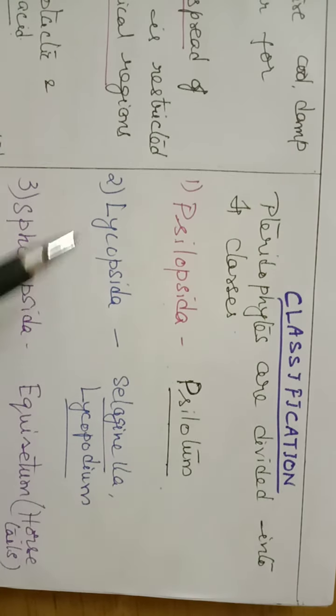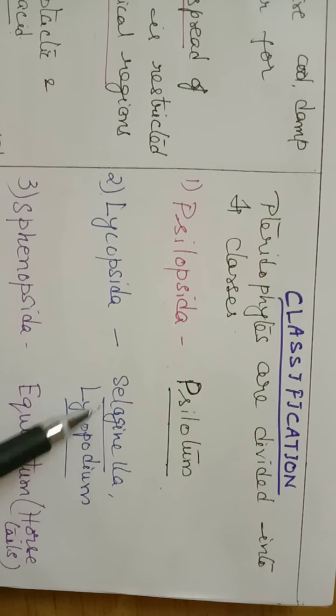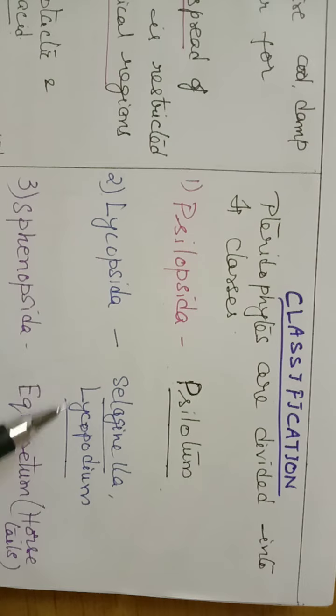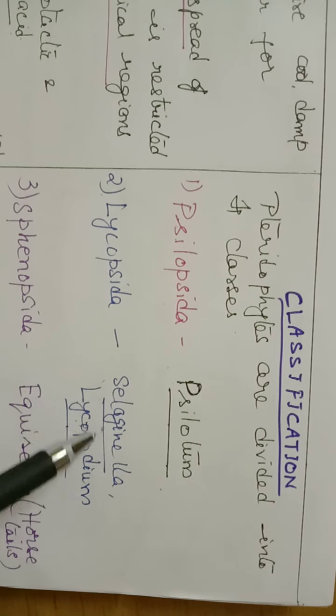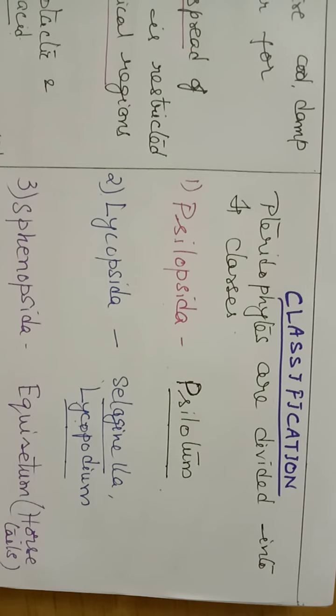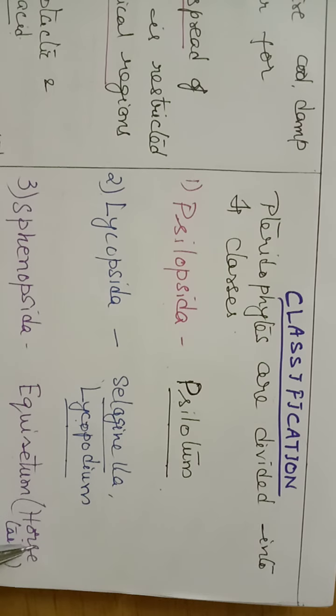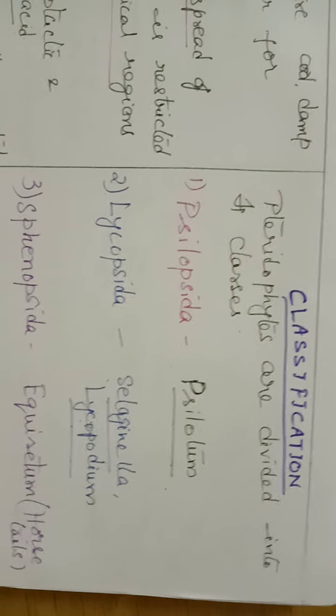Psilopsida, Psilotum. Lycopsida: Selaginella and Lycopodium. In Lycopsida, the example Lycopodium you can remember easily, both starting with the same letters, and then Selaginella is another example. Then Sphenopsida, Equisetum, which is commonly also called horsetail.